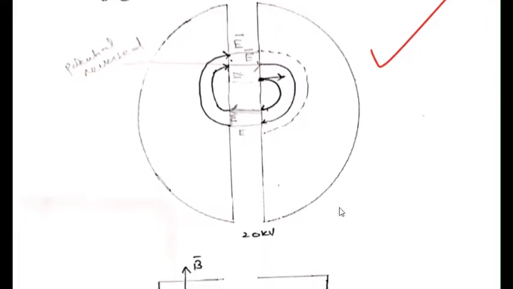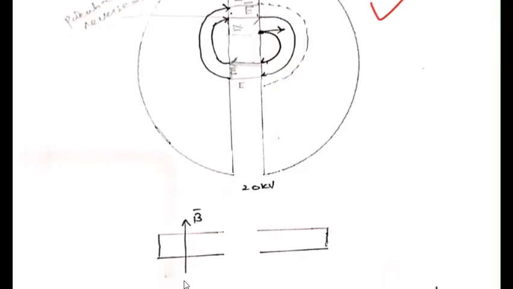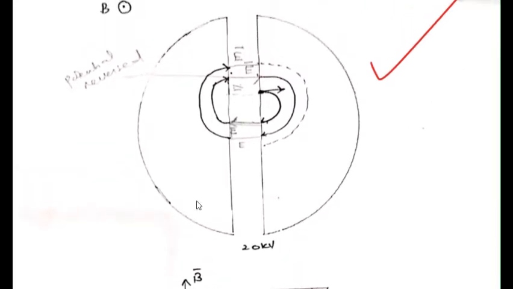They look like this from inside, that is, they are sort of hollow, and the magnetic field is going into the screen. No, sorry, it is coming out of the screen, because I have a dot over here.